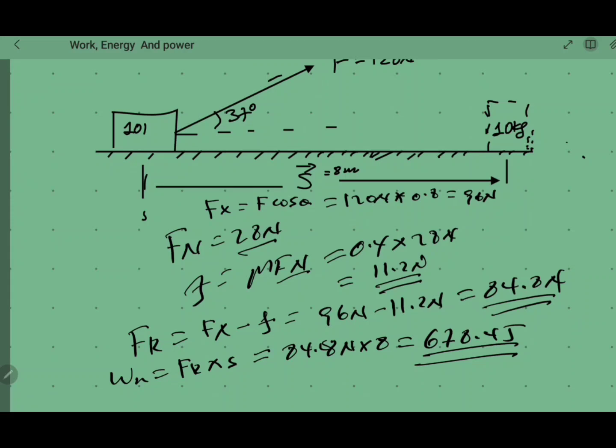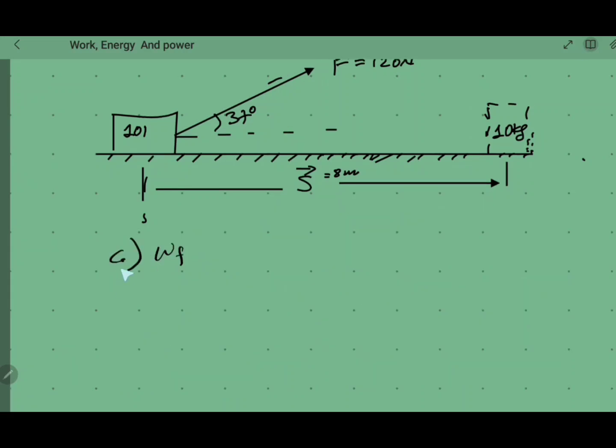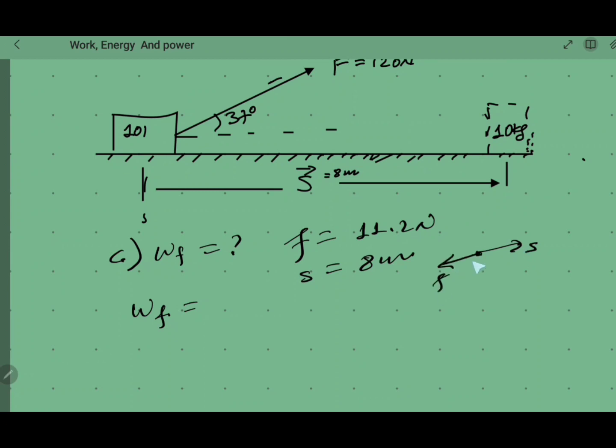Now let's calculate the work done against friction. This is required in part C, but we have already calculated the frictional force as 11.2 Newton, and the displacement is 8 meters. The work done against friction is usually negative because the angle is 180 degrees. The displacement is in this direction and the friction is resisting the other way, so the angle is 180, and cosine of 180 is minus 1.